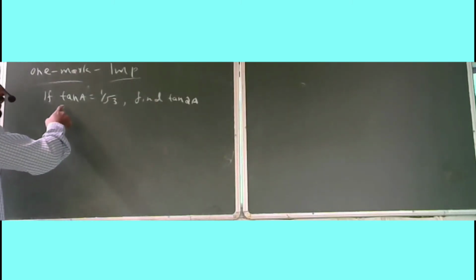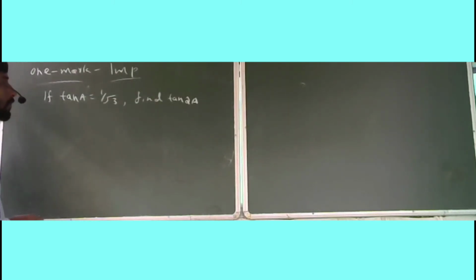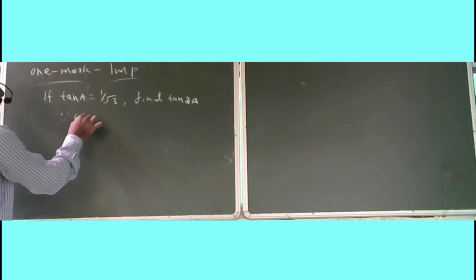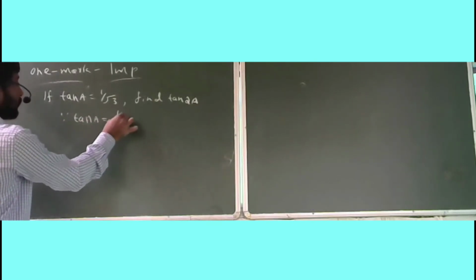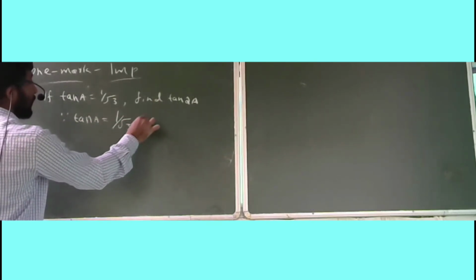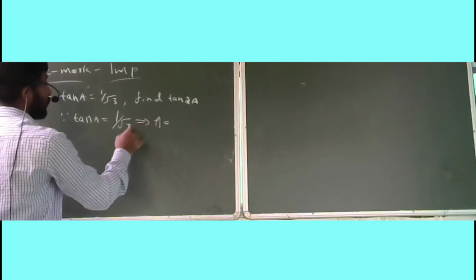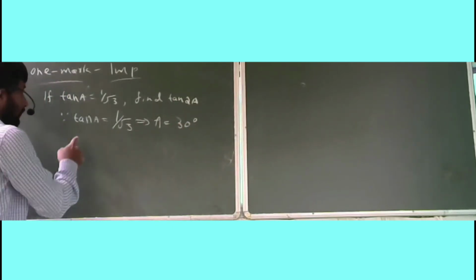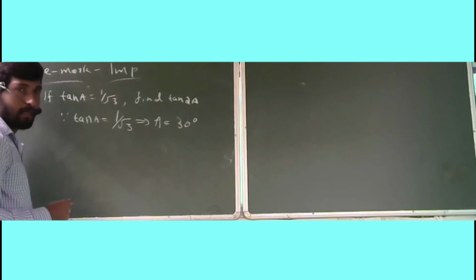See the next question. If tan A equal to 1 by root 3, find tan 2A. Since tan A equal to 1 by root 3, this implies angle A is equal to, when tan value is 1 by root 3, tan 30, right? Tan 30 degree is equal to 1 by root 3. Therefore, A value equal to 30 degree.